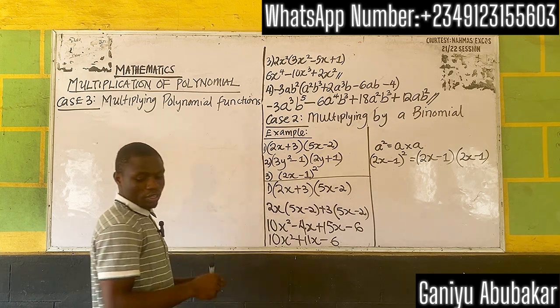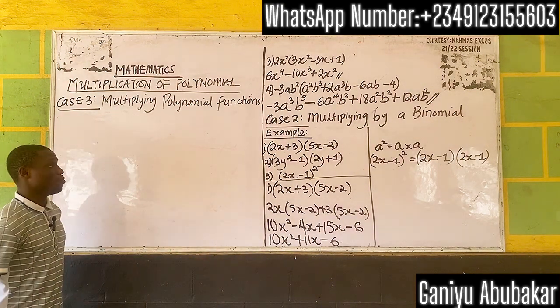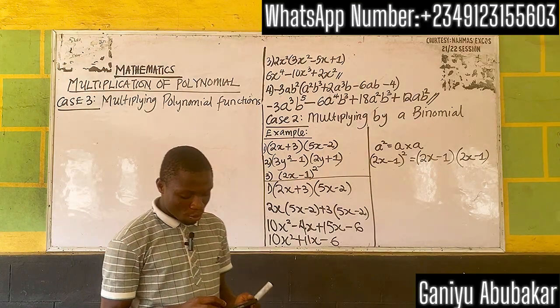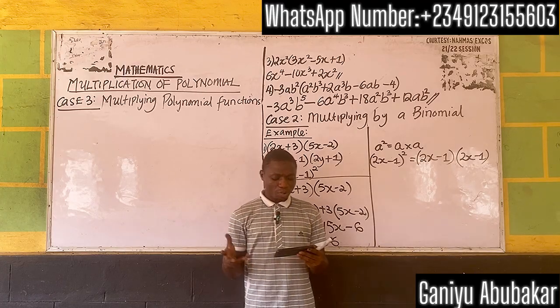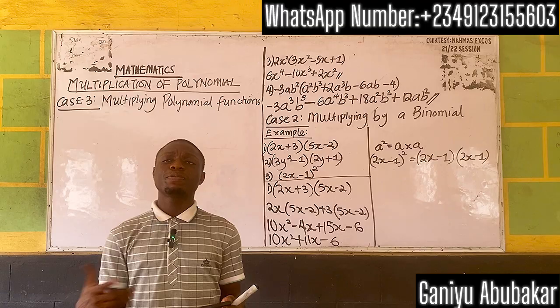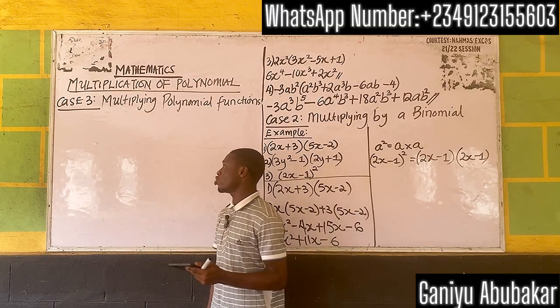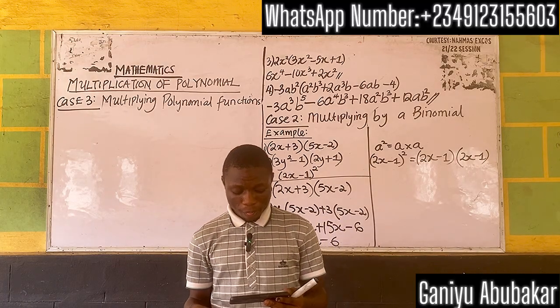All right. This is the last concept under multiplication of polynomials, called multiplying polynomial functions. This is the process of using function notation to indicate multiplication.